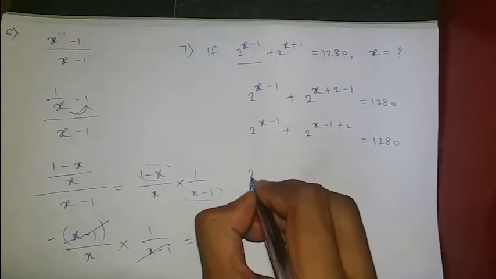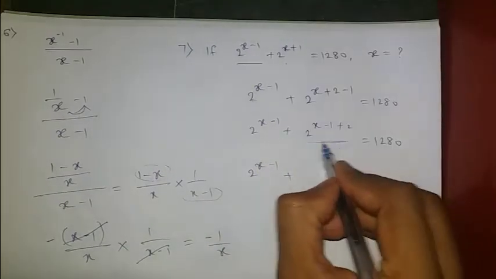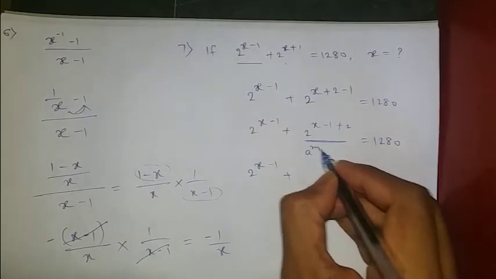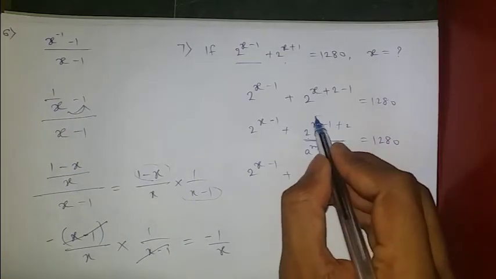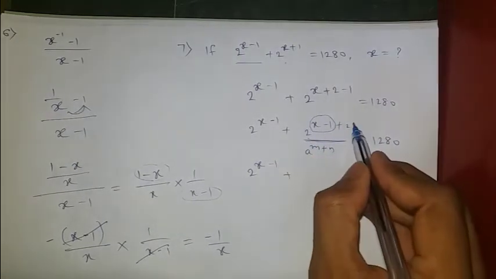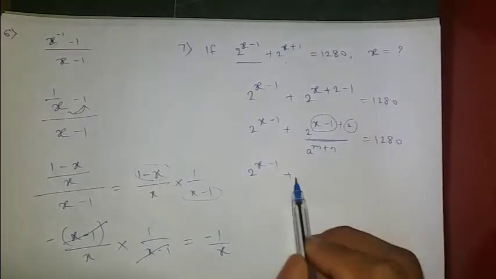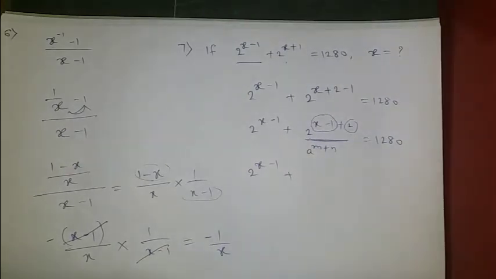First term as it is, 2 power (x minus 1), plus, now this term is in the form of a power (m plus n). This x minus 1 is m, this 2 is n. The formula for a power (m plus n) is a power m into a power n.